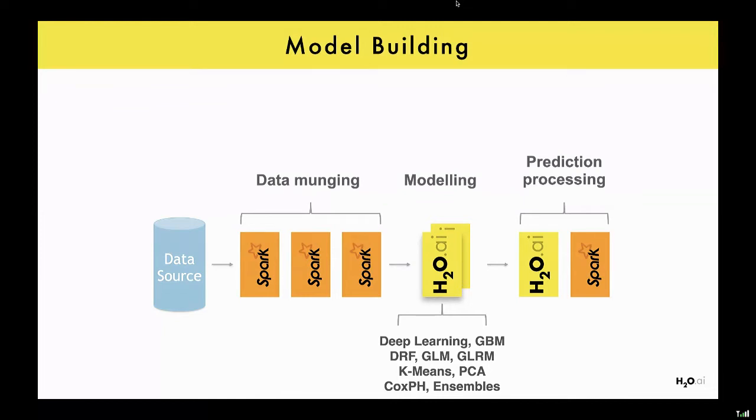The advantage of also using Sparkling Water for doing the modeling and the prediction is that we are utilizing the H2O MOJOs. What it means is that in H2O you can train the models in two ways. When you train the model in raw H2O, you always train a binary model, which depends on the runtime of H2O, and you can export a MOJO out of it, which is a runtime-independent artifact which can be used for scoring.